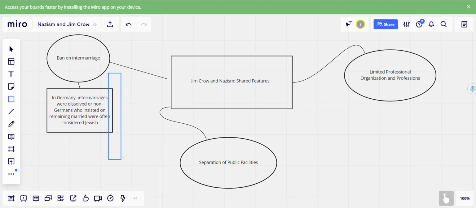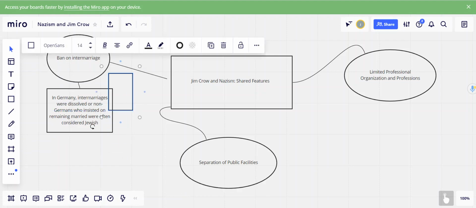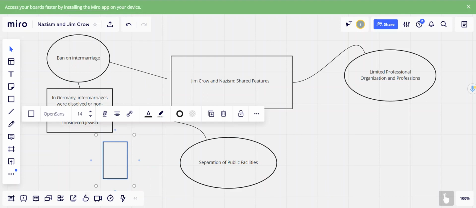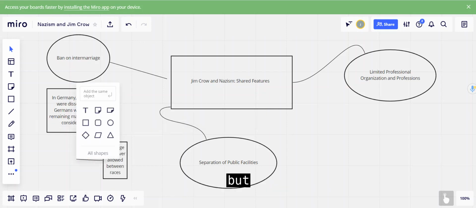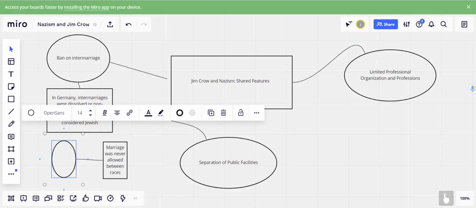And then, thinking about Jim Crow, marriage was never allowed between races, right? We know that, but secret affairs did occur.